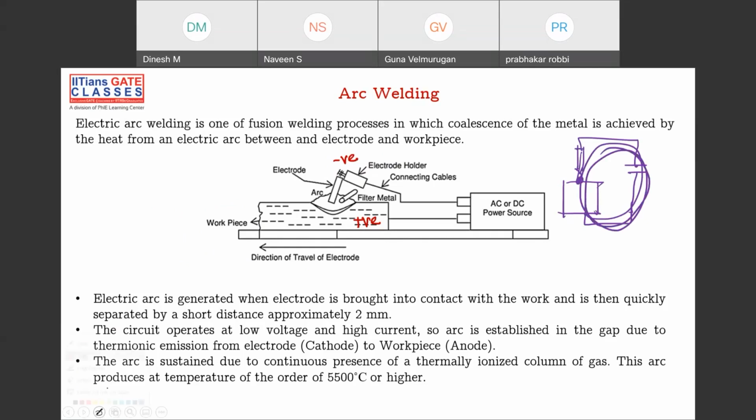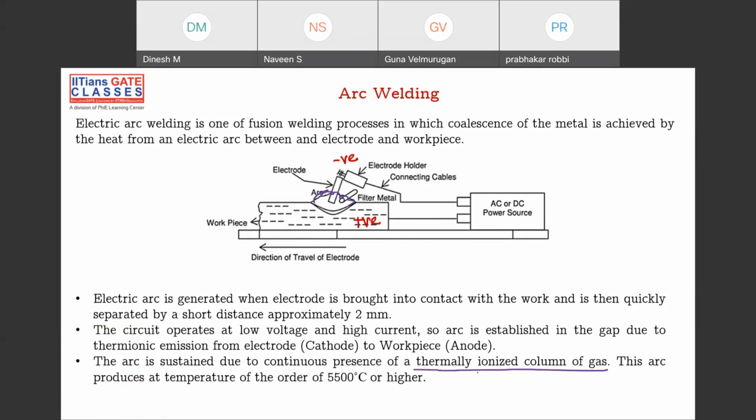Because of that, a series of sparks are generated, and then an arc is generated. This arc is nothing but a thermally ionized column of gas, and that arc produces approximately 5,500 degrees centigrade or more. You are getting the temperature in the form of arc.